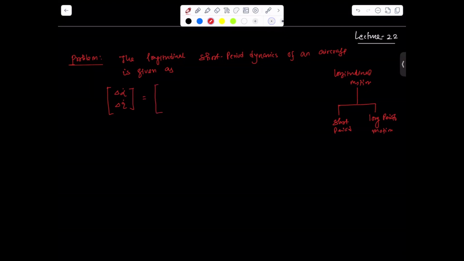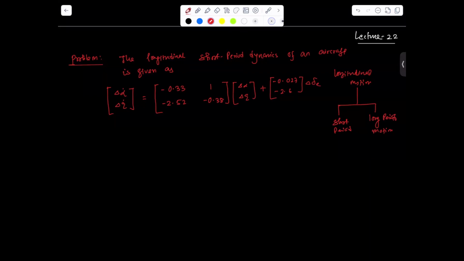The system matrix given to us is minus 0.331, 1, minus 2.52, minus 0.38, with state vector delta alpha and delta q, and our B matrix is minus 0.027 and minus 2.6, and the only control is elevator deflection.